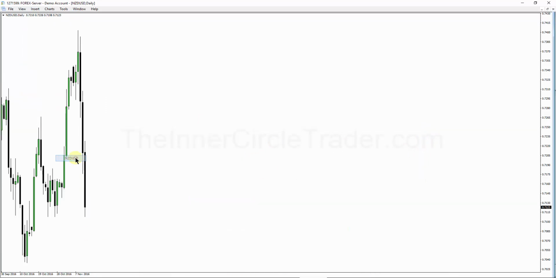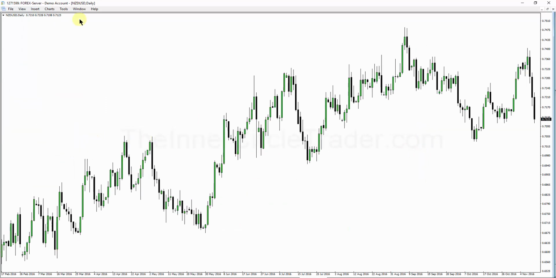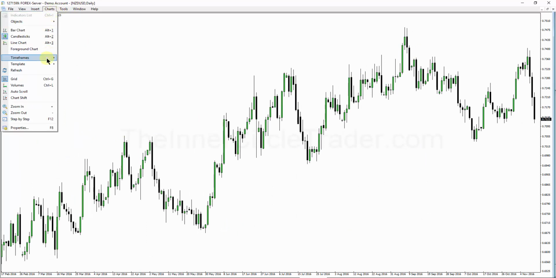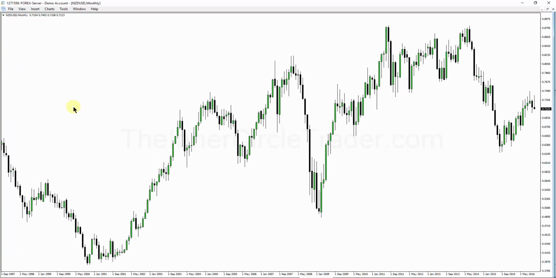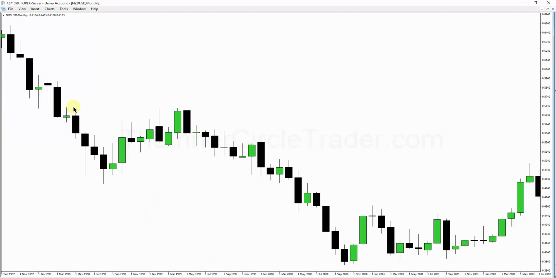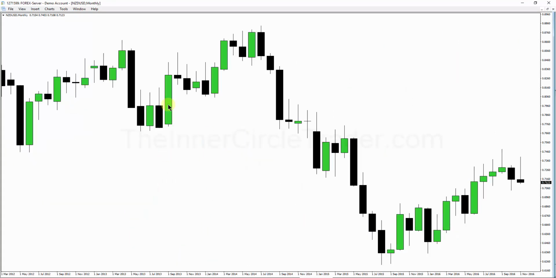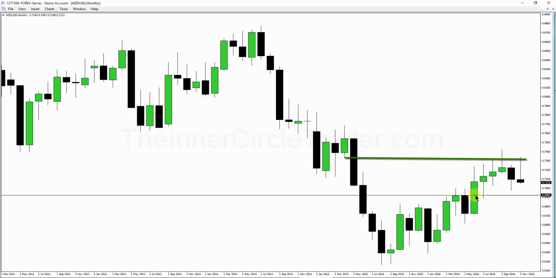Let's use Kiwi dollar. And go to a monthly. Okay, so we have the last down candle here and the most recent up candle here.